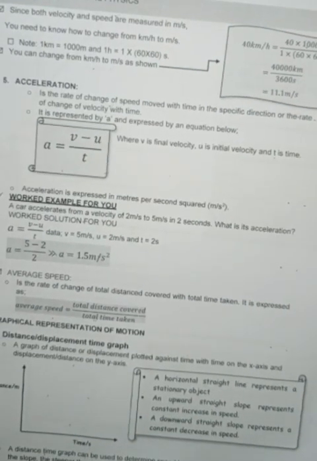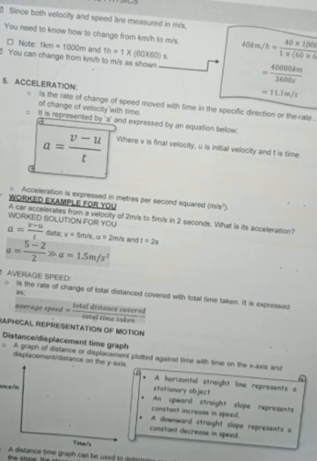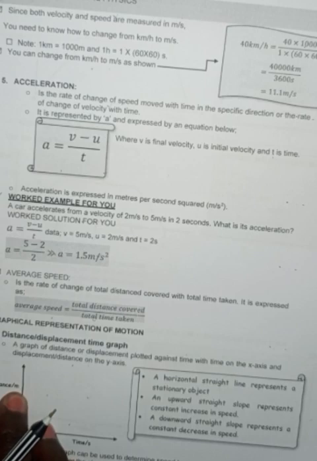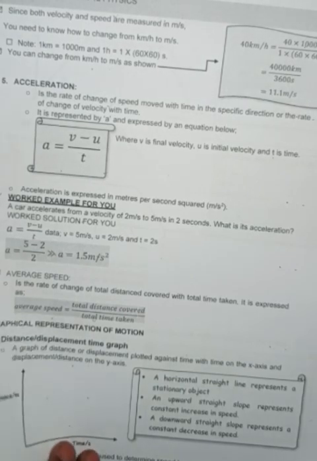This brings us to our next component, the graphical representation of motion. Under here, we'll look at the distance or displacement time graph. We shall also look at other things.